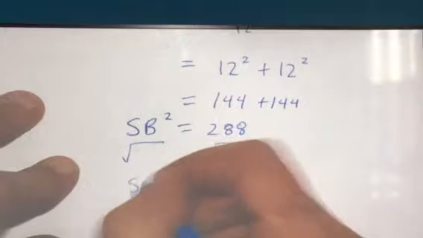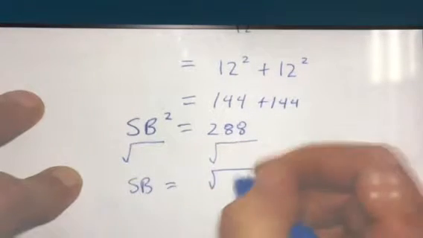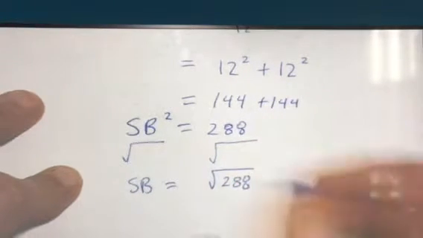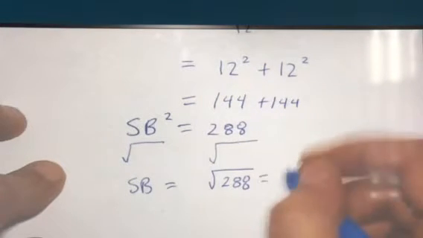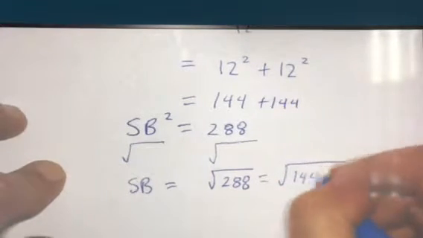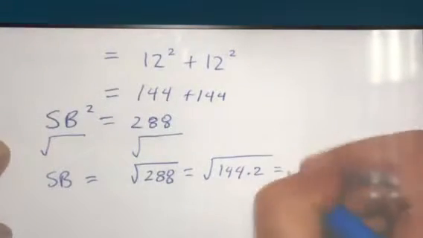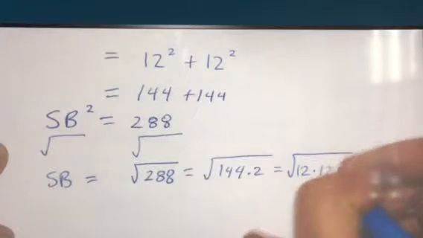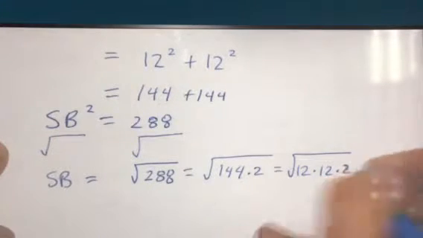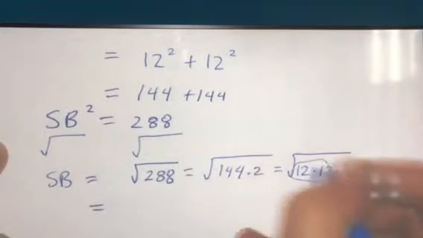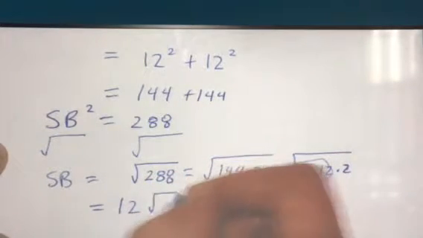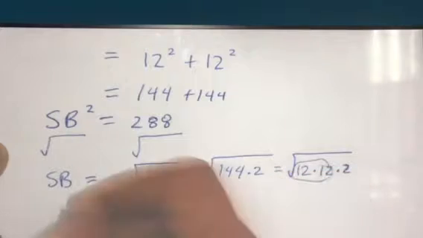So SB equals the square root of 288. This 288 is 144 times 2. This is 12 times 12 times 2. So that means that 12 can come out. 12 times the square root of 2 units for SB.